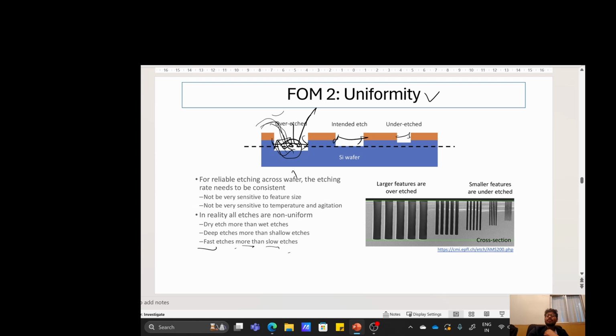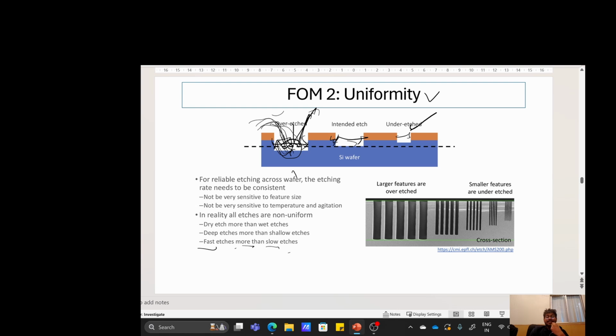That also depends on the viscosity. The higher the viscosity, the more problematic it is for the fresh solution to go inside and remove the material. So that is why there is non-uniformity because of the feature size.